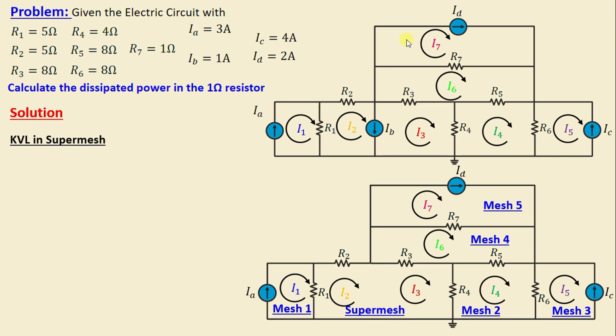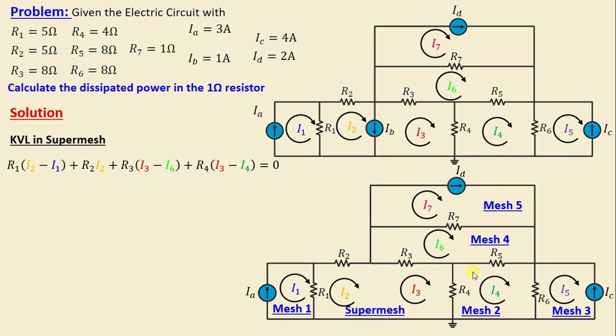By applying KVL in the supermesh, we can write R1(I2 minus I1) plus R2 I2 plus R3(I3 minus I6) plus R4(I3 minus I4) is equal to 0.